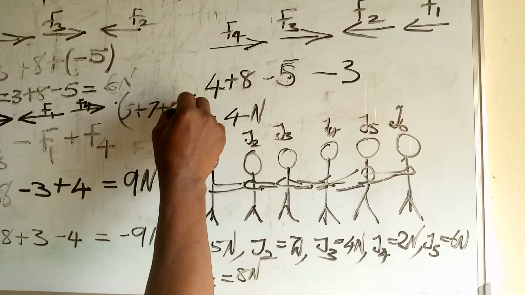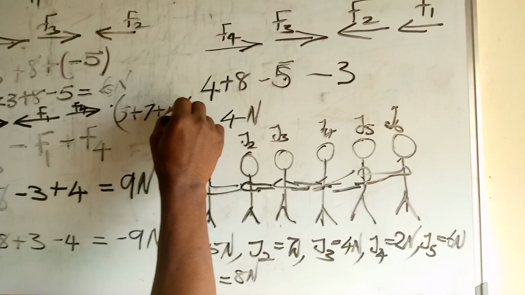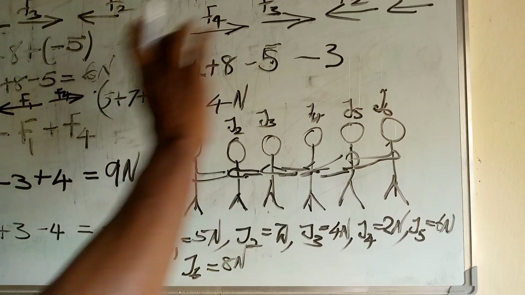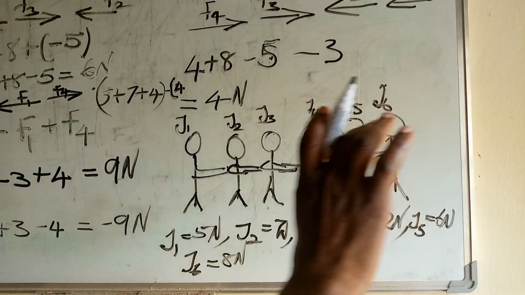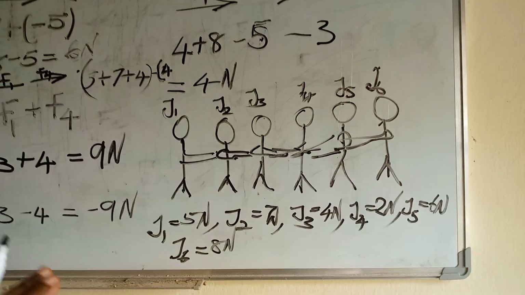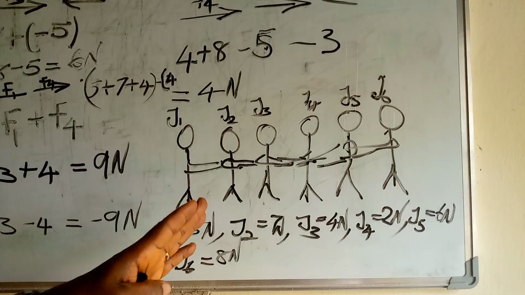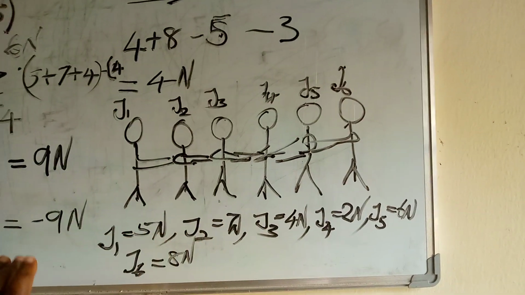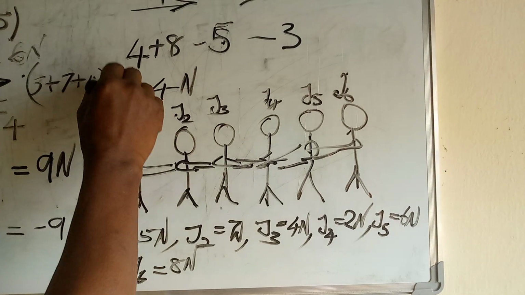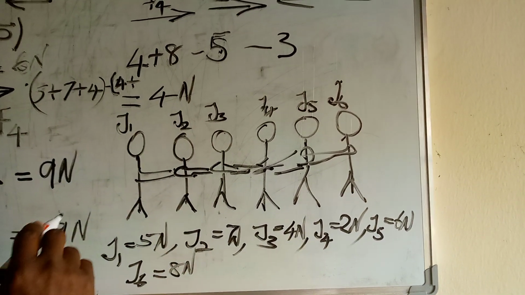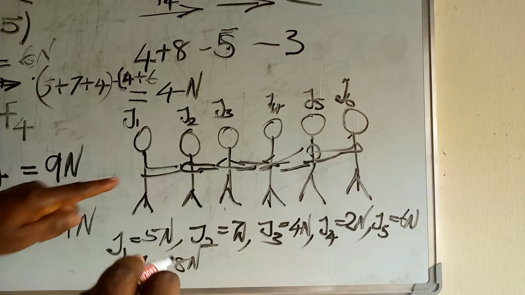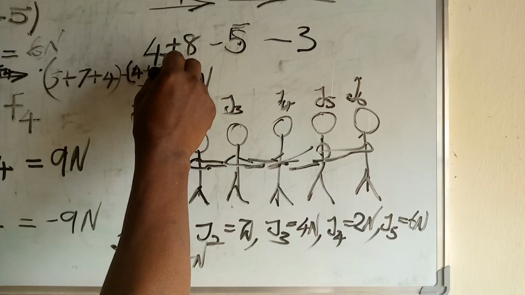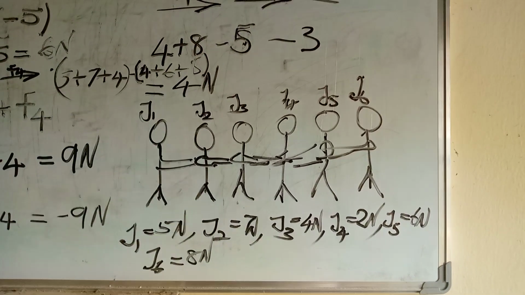Those are minus. Because we have taken the group on the left, J1, J2, J3, as positive, the group on the right will now be negative. Minus J4, then J5 6, J6 8. Let's know who will win.